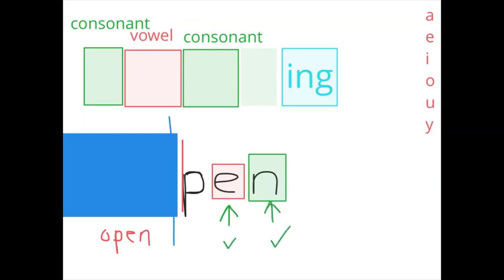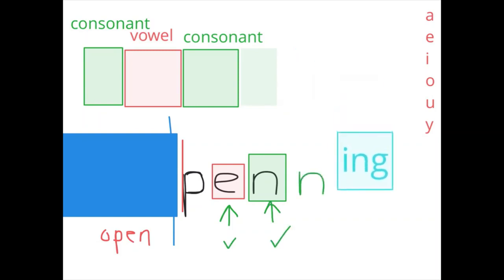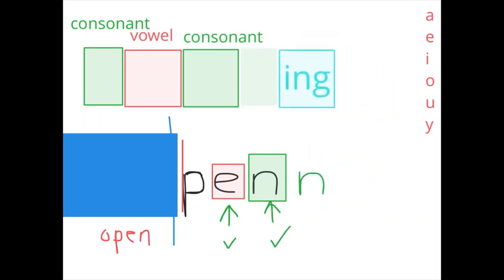Just one letter, check. So far, so good. Should we double the N and then add ing? Well, wait a minute. This word has more than one syllable, so there's one more thing we need to check. We need to say the word and think about which syllable do we accent or stress or say stronger.